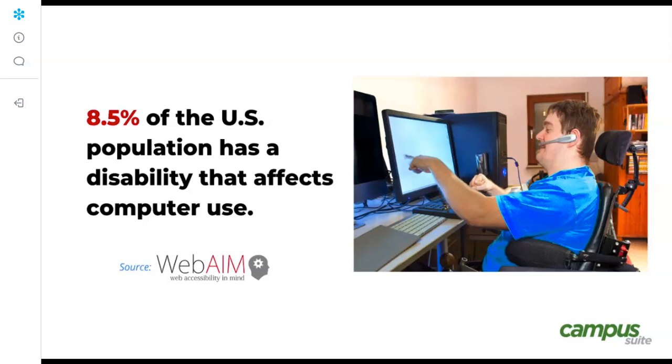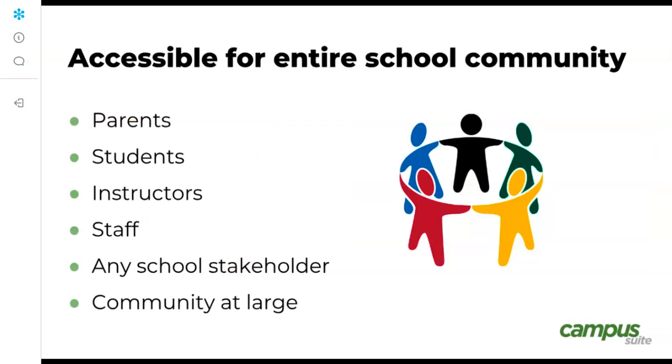According to WebAIM, which is the web accessibility initiative that began in 1999, it actually stands for Web Accessibility in Mind, AIM. WebAIM is a nonprofit organization based at Utah State University in Utah, and they are the leading organization championing and actually developing web accessibility guidelines.